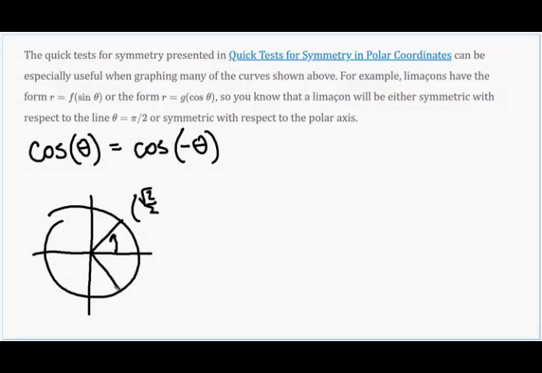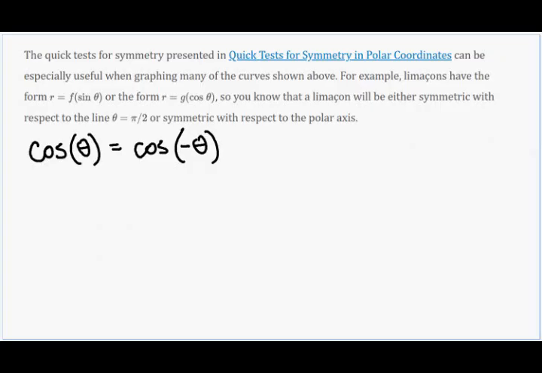If we go down into the 4th quadrant, negative pi over 4, your cos value, your x-coordinate, is also positive root 2 over 2. So when we're looking at cos, what I've said in class before is cosine is hungry and it eats negatives. So here's cos, it's hungry. This negative in here is just going to come out and cosine's going to eat it and it's gone. So cos of theta and cos of negative theta are equivalent.